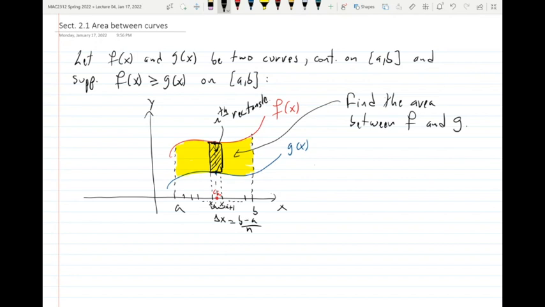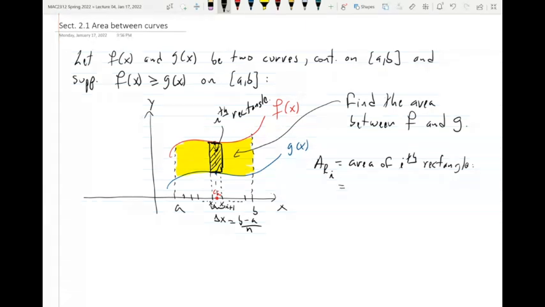And then what's the area? So A_i, this is the area of the ith rectangle. How do we find the area of a rectangle? So the area of a rectangle is base times height. So this time the base is delta x and the height. Who can tell me how we can calculate the height of this rectangle?